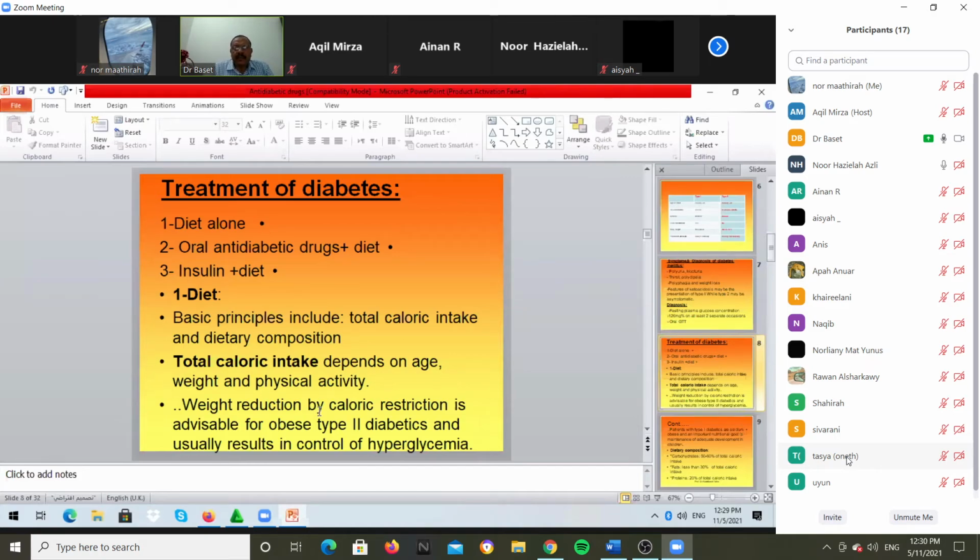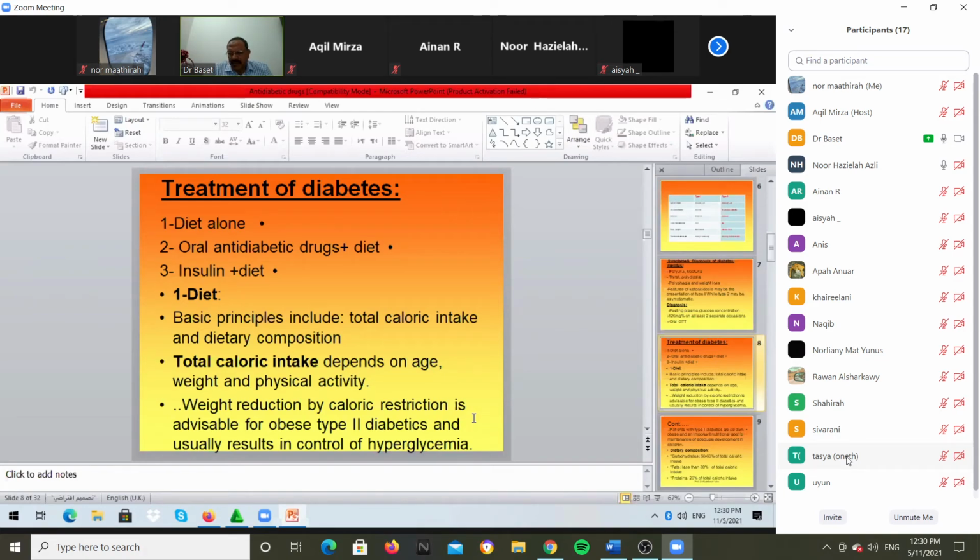Weight reduction by caloric restriction is advisable for obese type 2 diabetics, and it can result in control of hyperglycemia. So we will find a drug with many benefits regarding its use in diabetes. It is biguanide. Biguanide may be used by all obese patients.